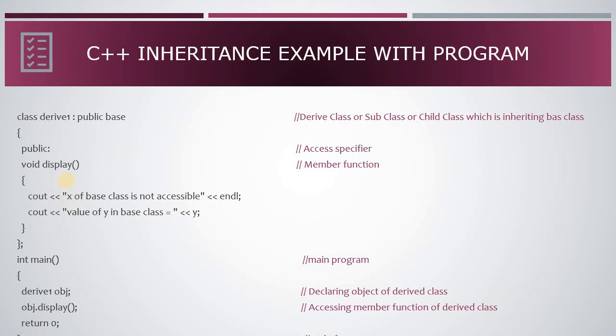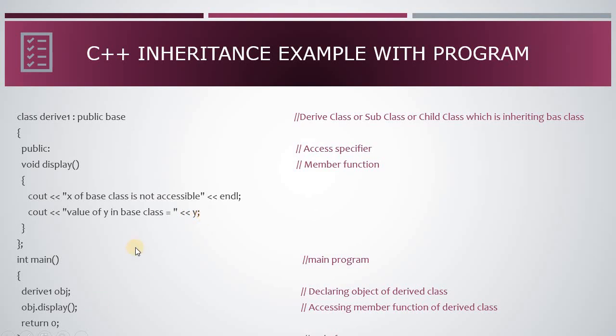But you can print the value of y, because that's the public data member. Now we create a derived class object, using the derived class name, and call the member function display. Here the output will come: value of y in the class is 15.